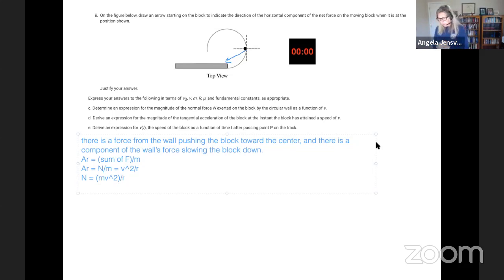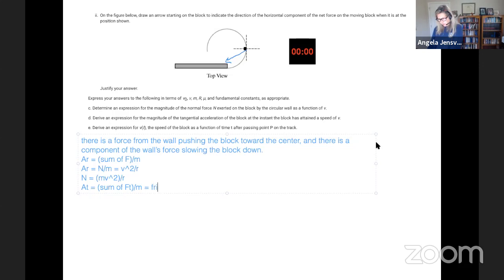Part D, derive an expression for the magnitude of the tangential acceleration of the block. Okay, now tangential acceleration is the sum of forces in the tangential direction divided by m. So the sum of force in the tangential direction is just friction, right?